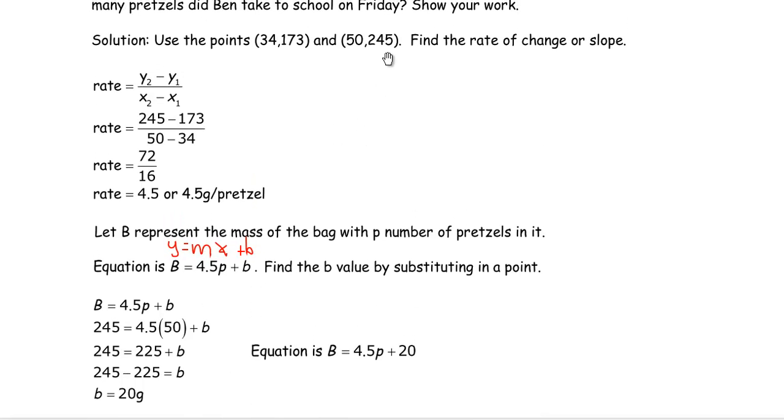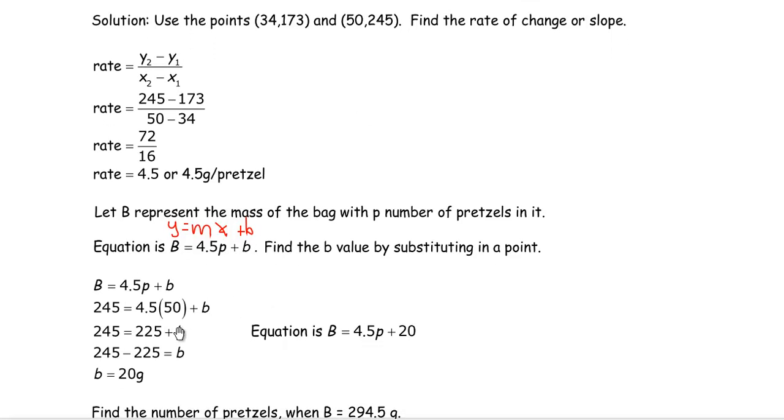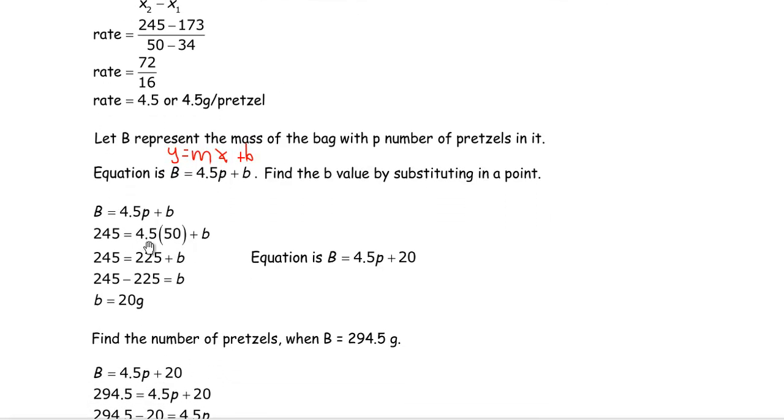So we're going to find b by substituting in a point. And the two points we had up here were these two. So I'm using the 50 pretzels, 245 grams one. So the 245 goes in place of B, and it's 50 pretzels, so 50 goes in place of P. So 4.5 times 50 is 225.